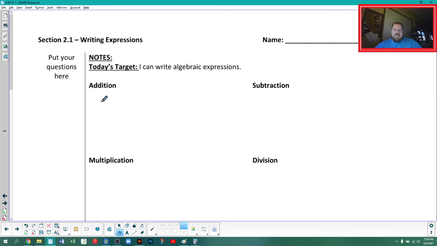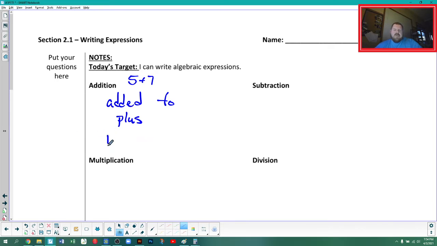So when I'm looking at this, I just want words that mean addition. Obviously, something like added to. For this kind of example, maybe I think of 5 plus 7. I could use the word plus. I could use 5 added to 7. I could use 5 plus 7.